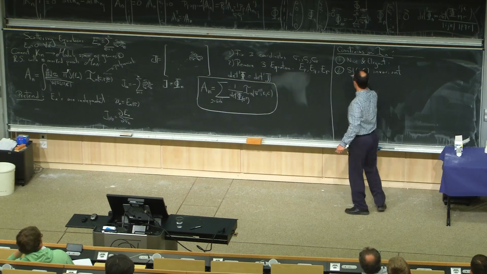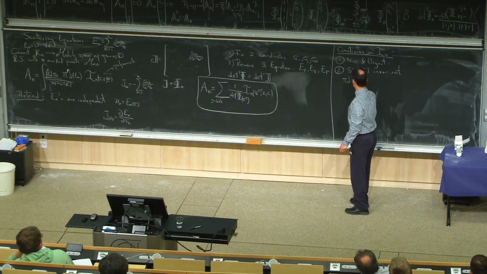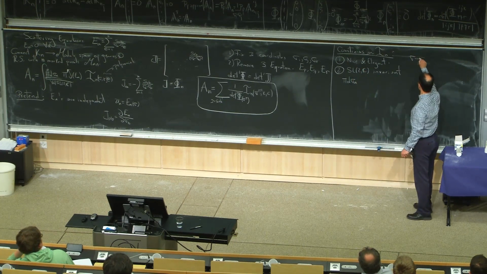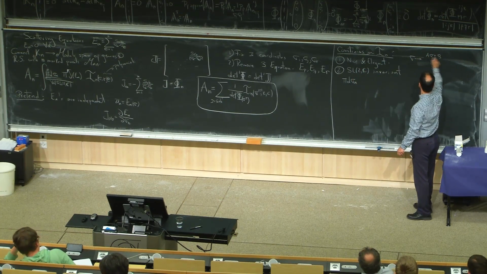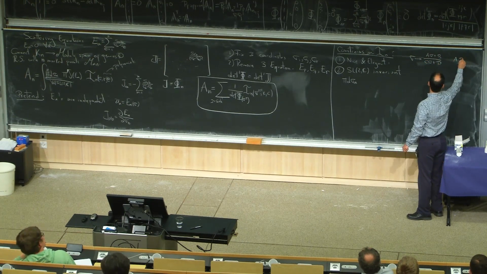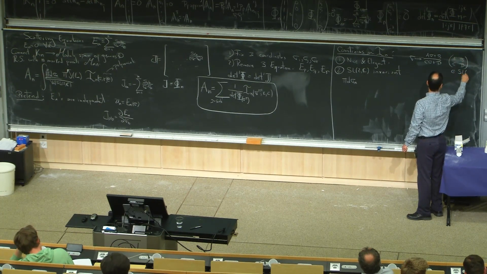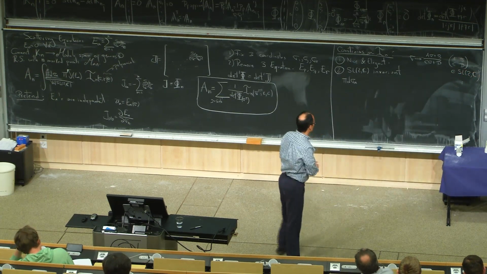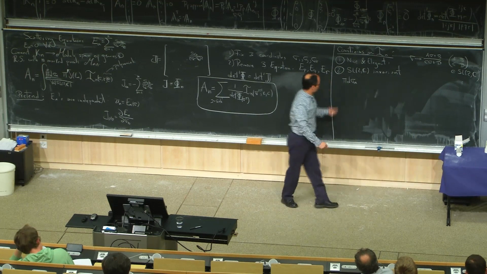So in order to fix this, we have to check how the measure transforms under a transformation where you send sigma to (A sigma plus B) over (C sigma plus D), with A, B, C, and D an element of SL(2,C). Okay? Very good. So we have that.